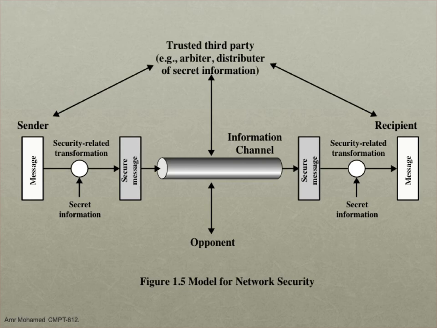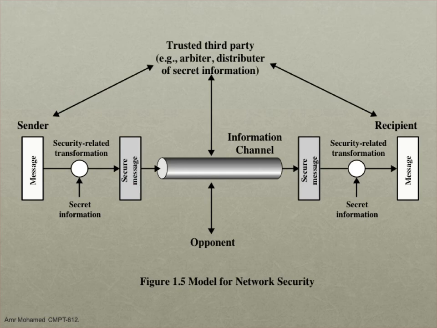Okay, so this representation abstracts many things, right? Here we convert this message, whether by using encipherment, traffic padding, routing control, or any combination of them. All of these are abstracted in this particular part of the system model. We transform that into a secure message.